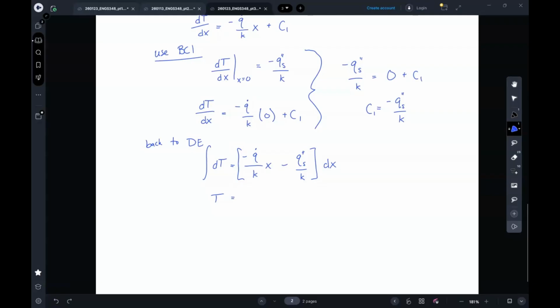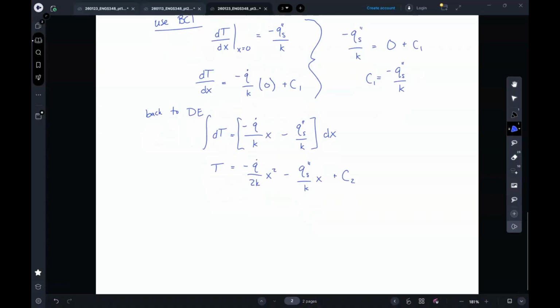The first part is minus q dot over 2k times x squared minus qs double prime over k x plus c2.